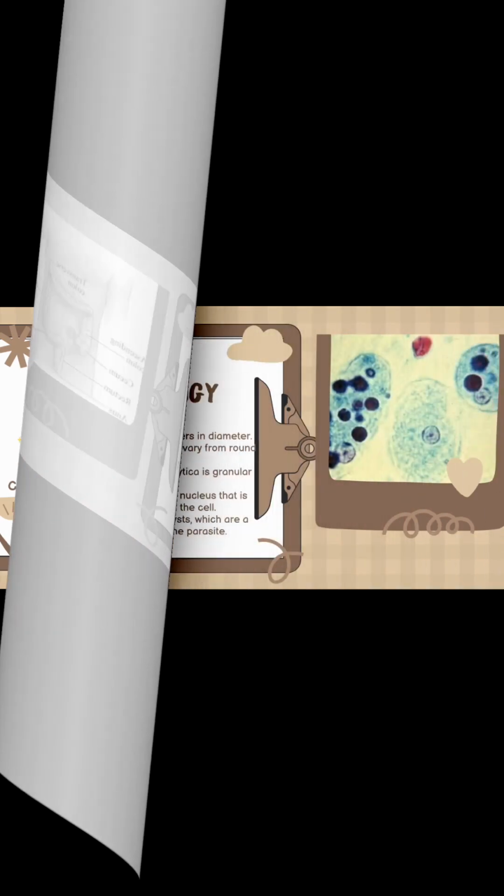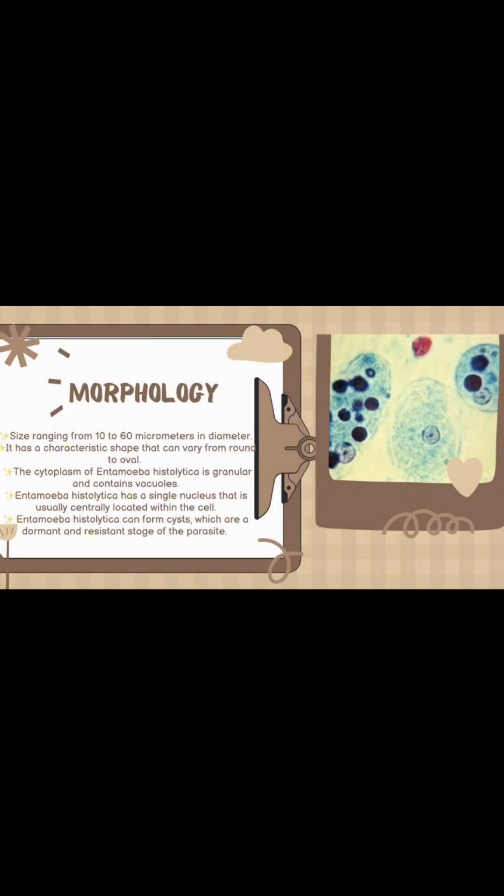Now we're gonna talk about its morphology. Entamoeba histolytica has a unique morphology that helps distinguish it from other amoeba species. Its size ranges from 10 to 60 micrometers in diameter, and it has a characteristic shape that can vary from round to oval.